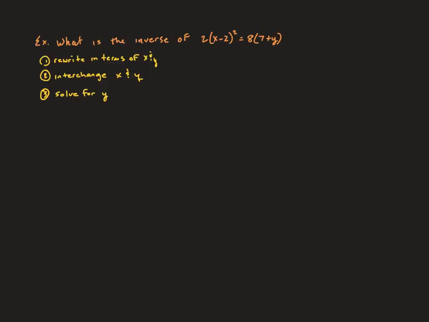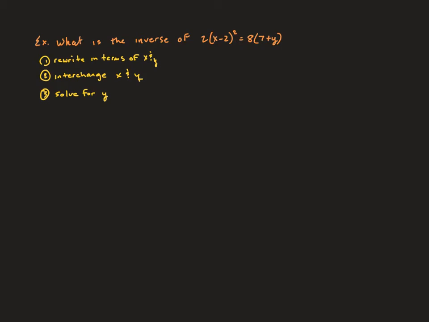And then looking at the inverse, to find the inverse of this function, and it's a doozy, really. So what can I do? I need to get it in terms of x and y, then I need to interchange my x and y, and then I need to solve for y.